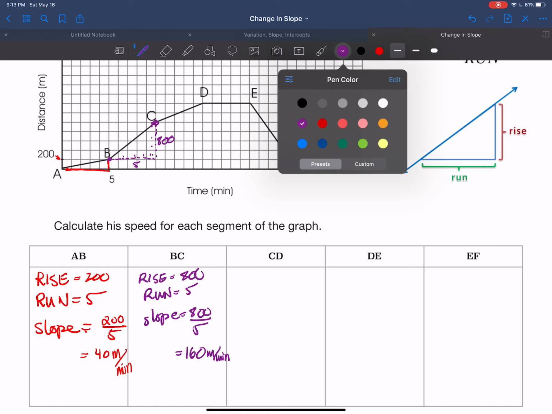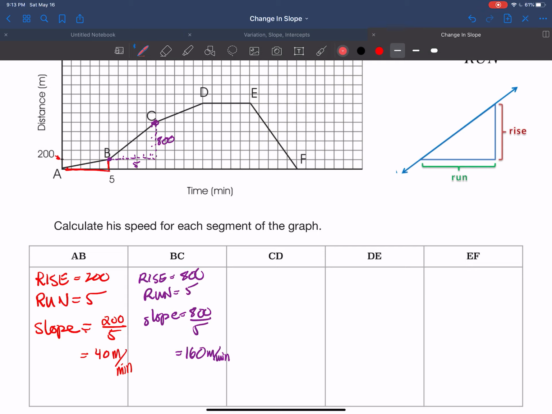And then you continue, so from C to D, our rise would be 400. Again, the run is 5. So our slope or rate of change would be 400 divided by 5, which is going to be 80 meters per minute.